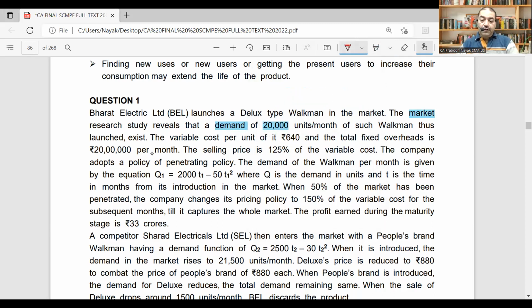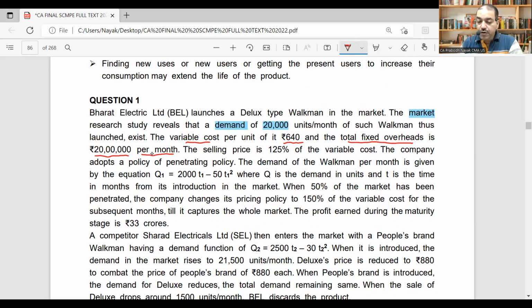Variable cost per unit is 640. Total fixed overheads is 20 lakhs per month. This is a per month figure. All these small points are important.